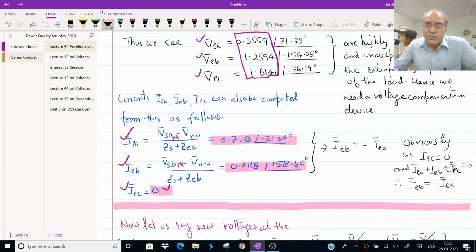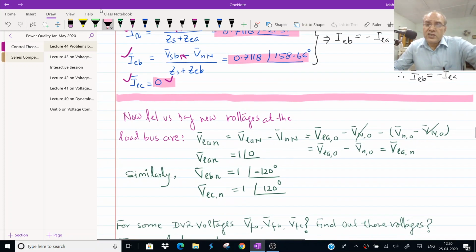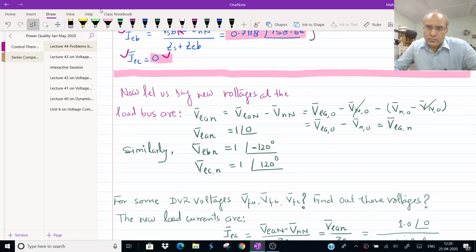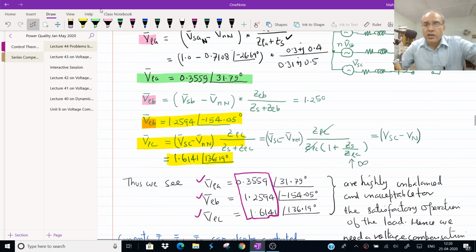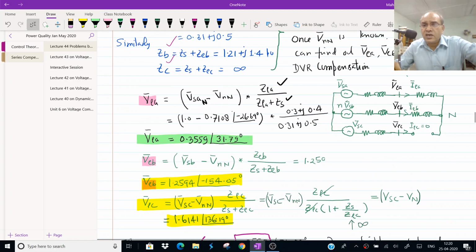Now we have to provide compensation. Fine. So when you provide compensation, what is the logic? The logic is that the phase load must experience 1.0 per unit voltage. If you refer to the diagram, okay, I'll just go back to the diagram here. This is the diagram.